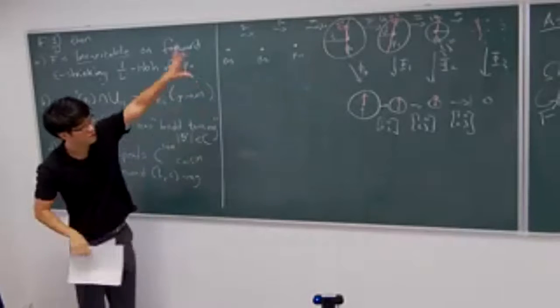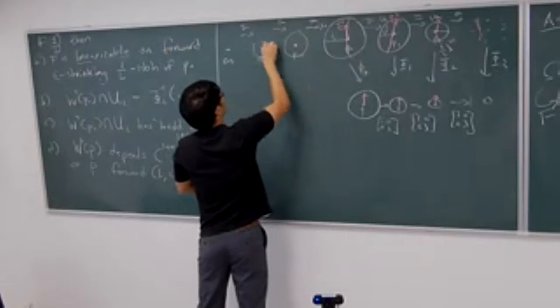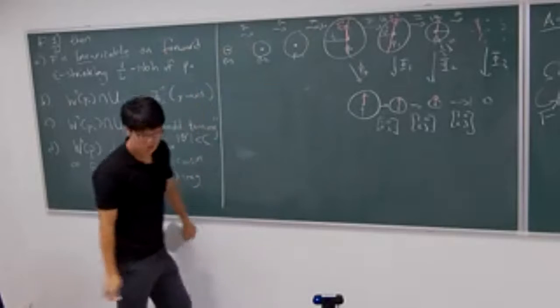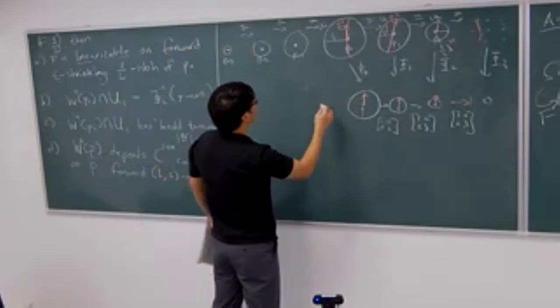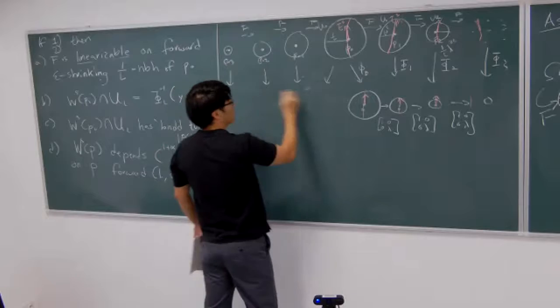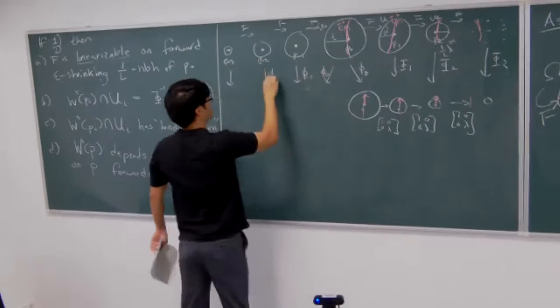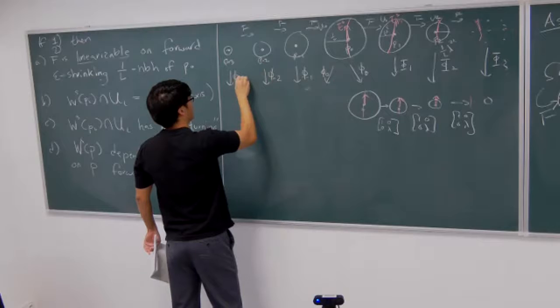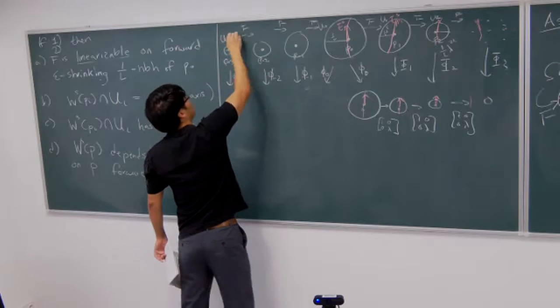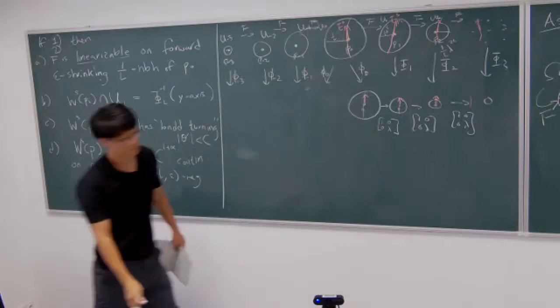Then again, we have epsilon shrinking neighborhoods going backwards, and we have linearization of F on these charts: U minus 3, U minus 2, U minus 1, and so on.